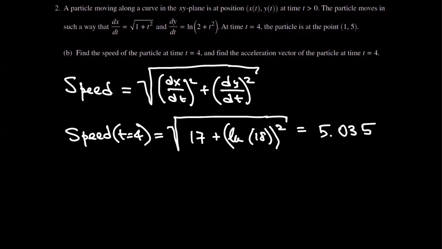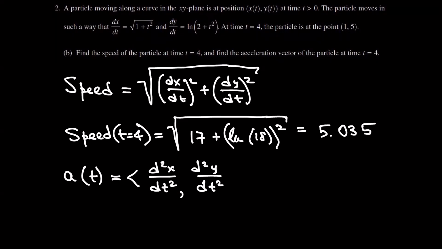Now let's find the acceleration vector. The acceleration vector at time t is equal to the vector of the second derivative of x with respect to time and the second derivative of y with respect to time. It's a vector, so it's two separate accelerations along the x-axis and along the y-axis.